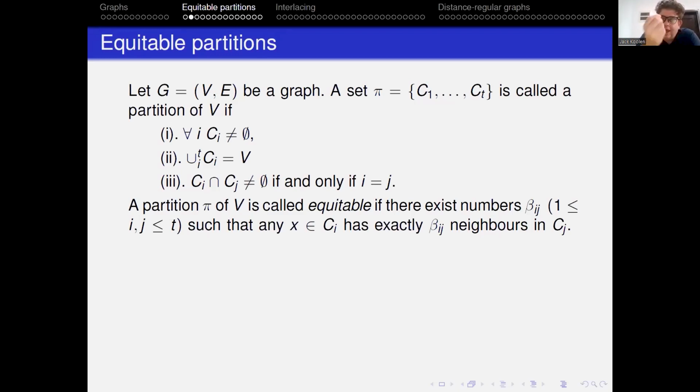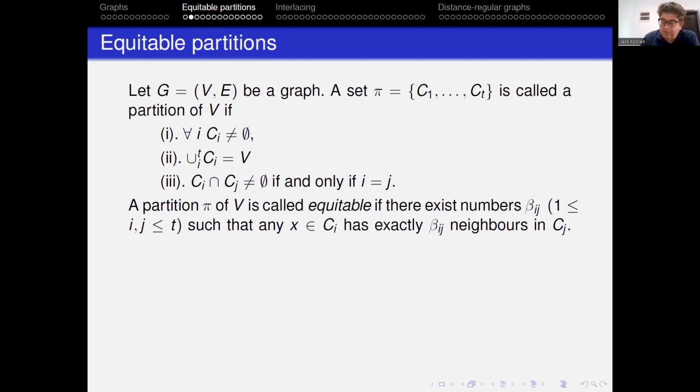So if x is in Ci, you take any x in Ci, it always has exactly beta ij neighbors in Tj. So that means that Ci is a regular graph with valency beta ii. And if I look at the graph between Ci and Ck, that is a bipartite semi-regular graph.